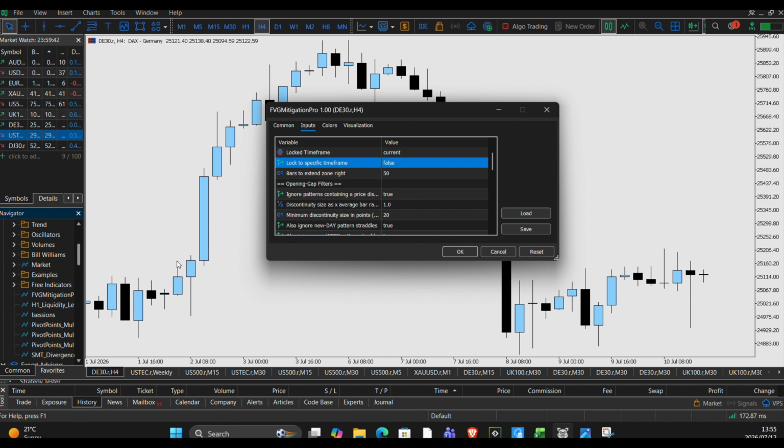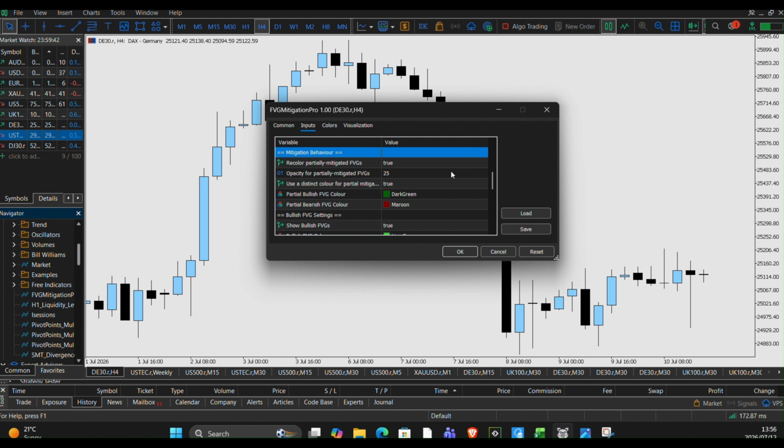If you want them to just show, for example, around here, per fair value gap, you can keep it at probably around 5. But I think 50 is the way to go, especially if you want to refer to them later. Then the opening gap filters, we will leave that for now. I'll explain it to you a little bit later. It's something a little bit different, so let's just let that be for now.